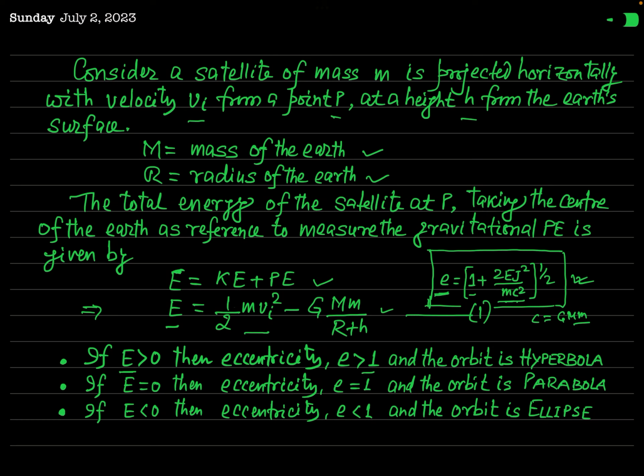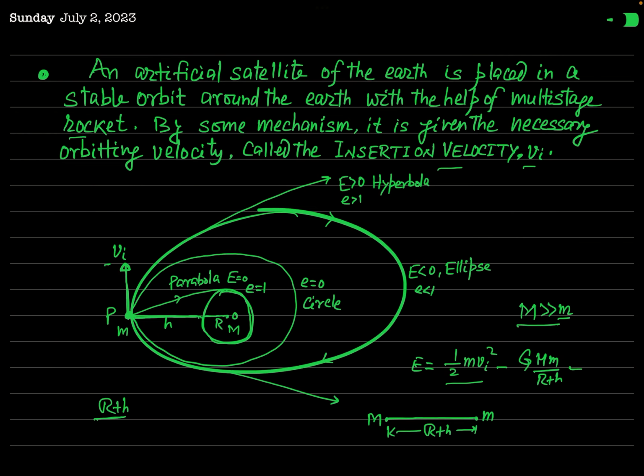And you know from coordinate geometry that if the eccentricity of a conic or trajectory is greater than 1, that conic or orbit or trajectory will be a hyperbola. So in this condition, if the energy of this system is greater than 0, then our satellite will follow a hyperbolic orbit. I have shown this in this figure.